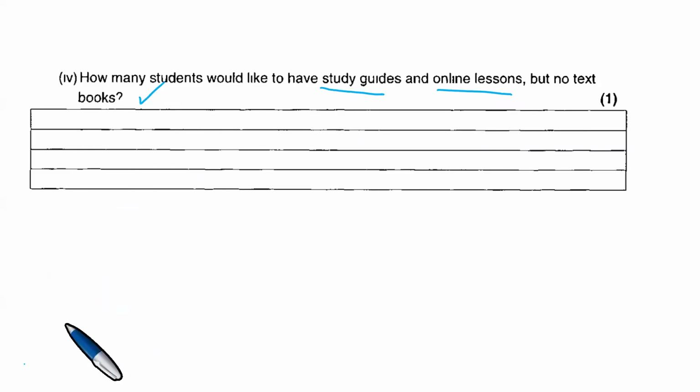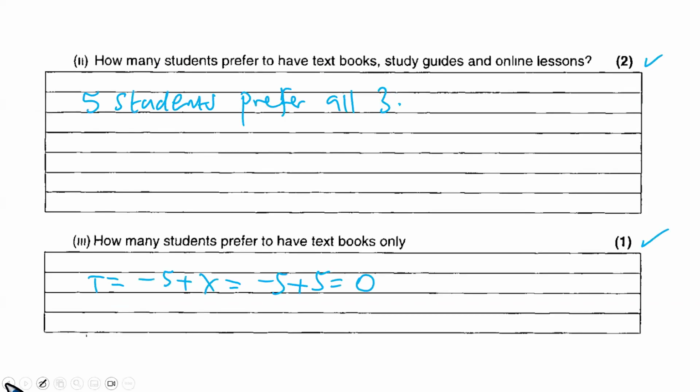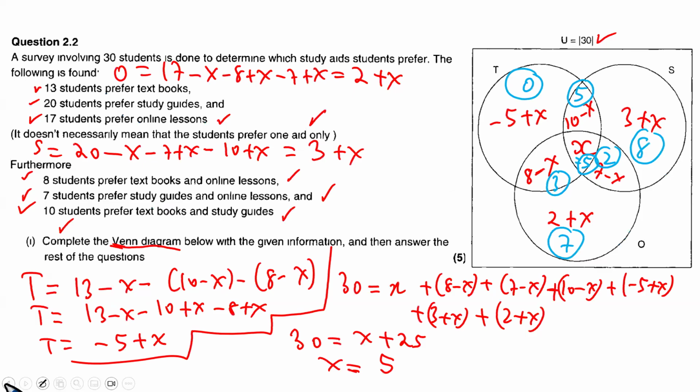What do we want? Study guides and online lessons. Let's check the Venn diagram. Here are the study guides and online lessons, but no textbooks, and that would mean you have exactly 7 minus x.